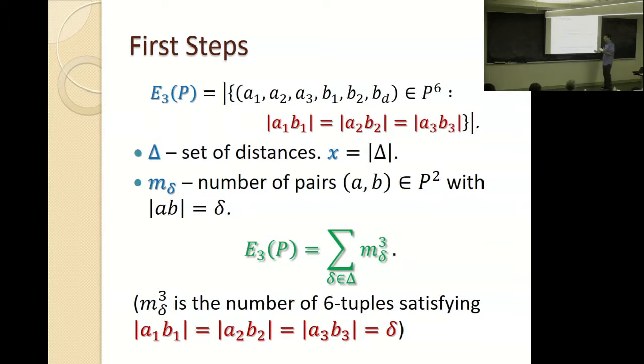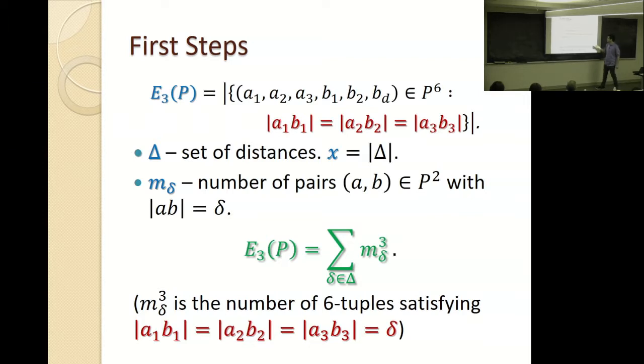It's very similar to something Misha showed in his talk. Now we can write the third distance energy as the sum of the cubes of m delta. Why is that? Because m delta cubed for a fixed delta is just how many 6-tuples have 3 times the distance delta: m delta ways of choosing A1 and B1, m delta ways of choosing A2 and B2, m delta ways of choosing A3 and B3.